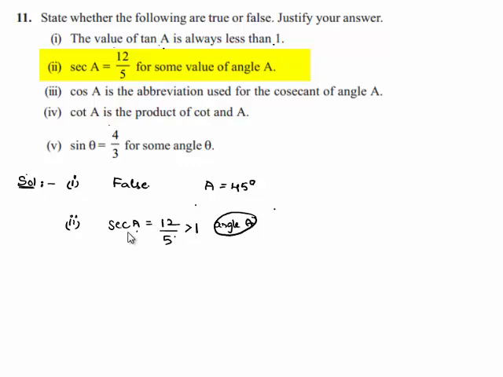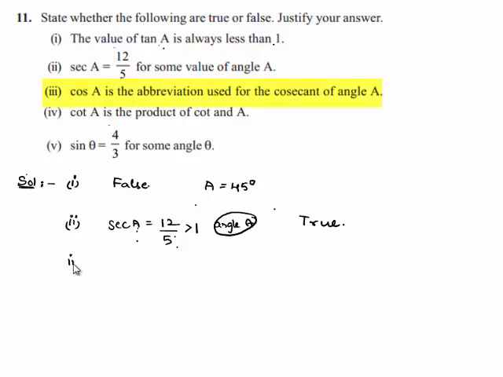So we know that the value of secant A tends from 0 to infinity on varying the angle A. So this value can be satisfied for some angle A in secant. So we can say that the given statement is true.